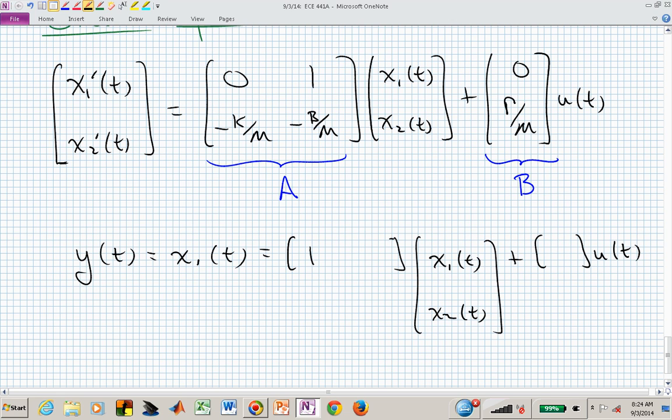You can see that you simply have to do a 1, 0 for the output matrix C, and we didn't have any input directly feeding into our output Y. A lot of times we don't even include that additional piece, 0 u, since it's just 0. But that's our direct feed-through matrix D scaled by u.